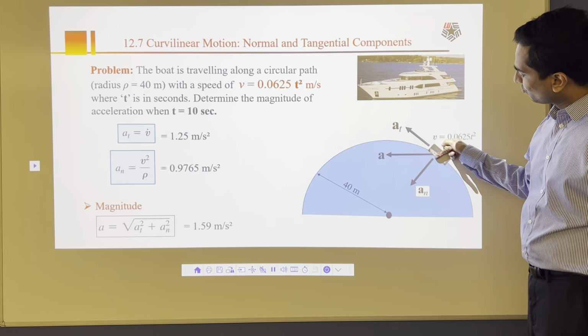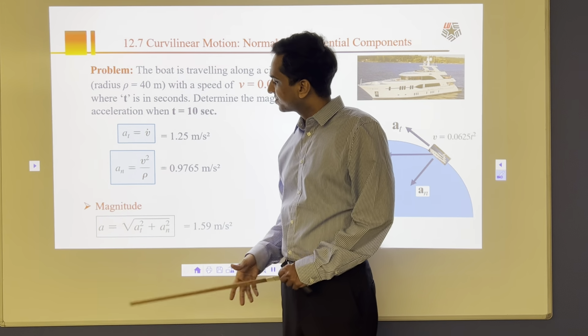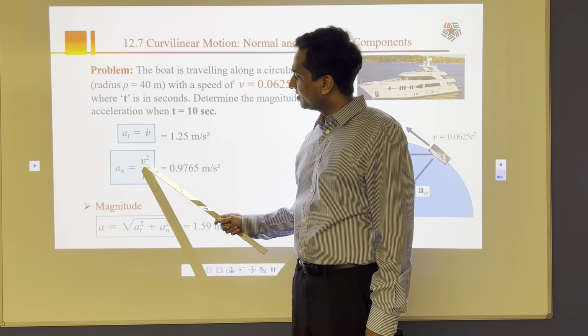Once we are done with this, we need the value for a_n. a_n is given by v squared by rho. The radius is already given as 40 meters.